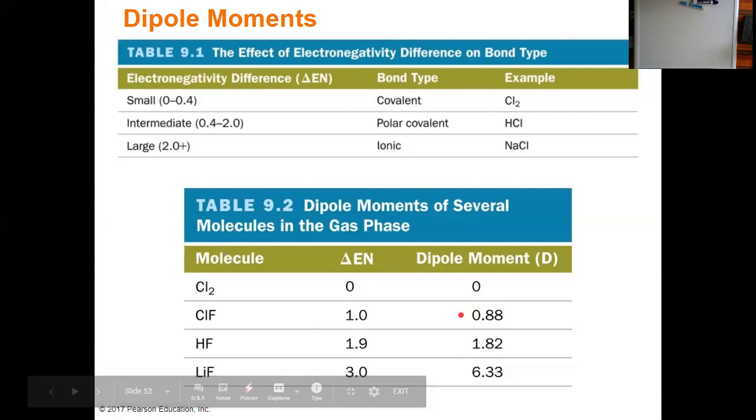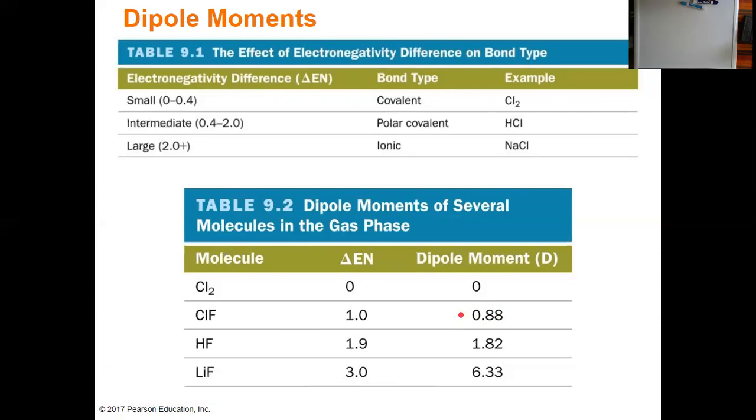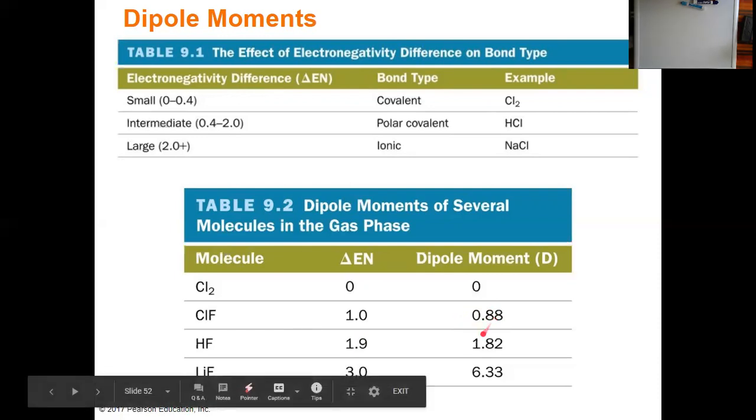You have a size difference, but the charges are the same. Now you go to HF over here, 1.9 electronegativity difference, and your dipole moment gets even bigger. Lithium fluoride, an electronegativity difference of 3. That dipole moment gets huge. That distance between those two things must be very large.